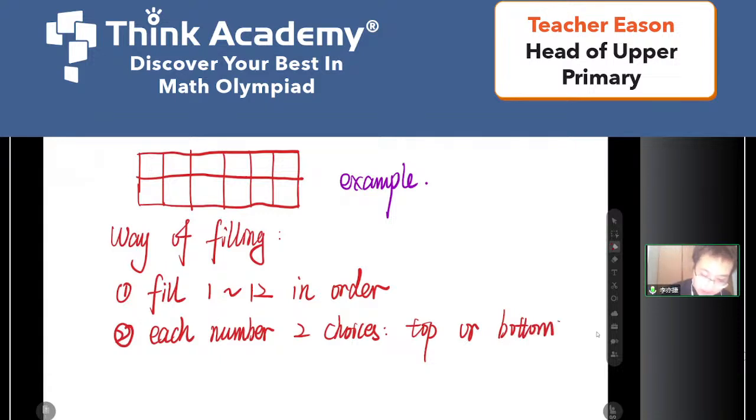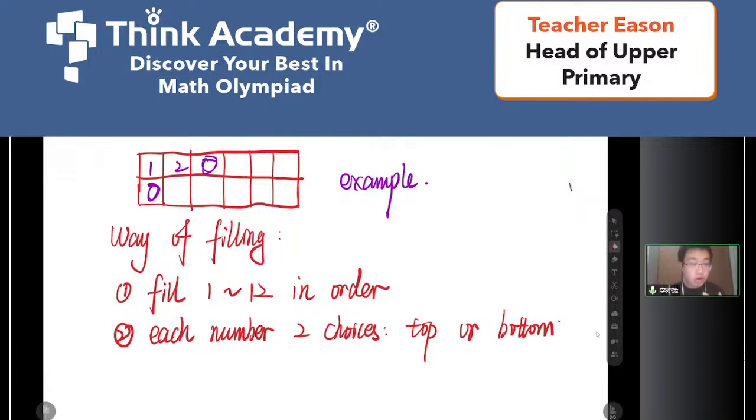For example, I write 1 and 2. If I want to write the 3, the 3 only has 2 places to choose, right? This way and this one. We cannot write it to the right grid. We must write it on the most left grid of either column, either row.